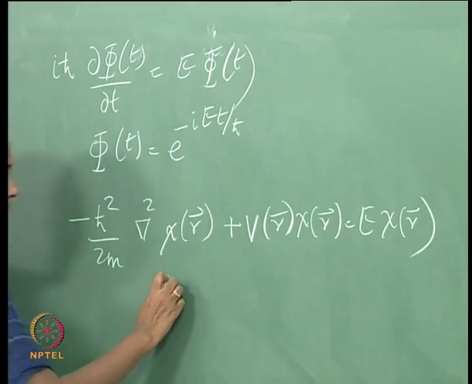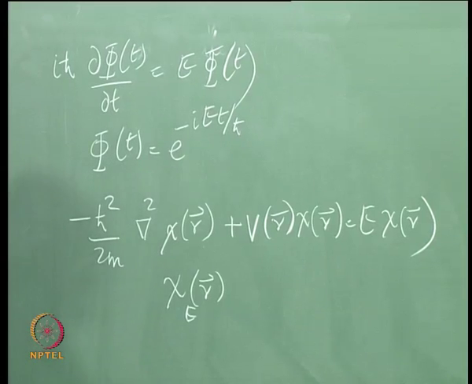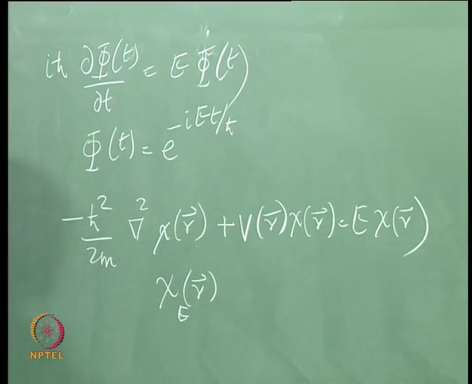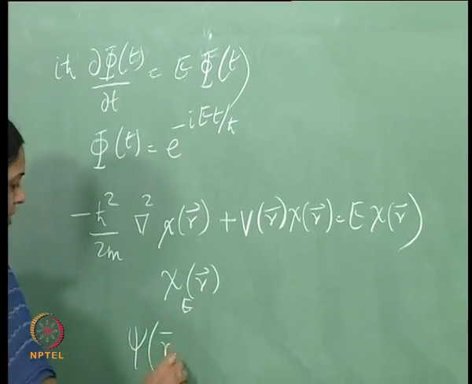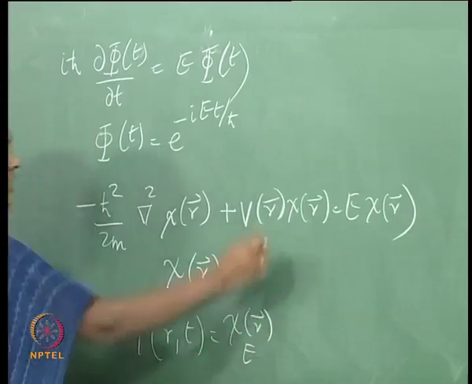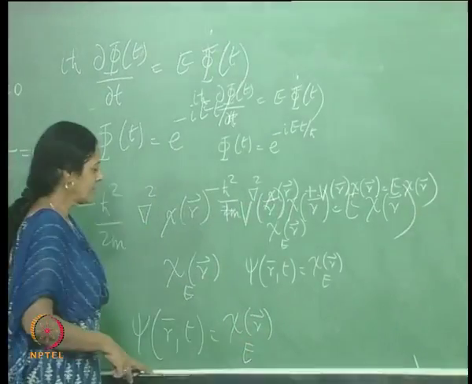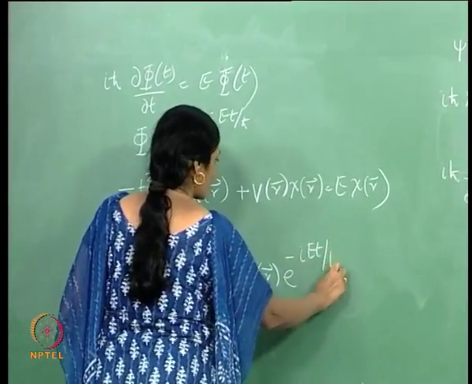I should really be talking in terms of a χ(r) for a given value of E, and that is what we will have to solve for given this equation. Therefore, the total wave function ψ(r,t) is some χ_E(r), which depends upon the value of the energy, e to the minus iEt by ħ.